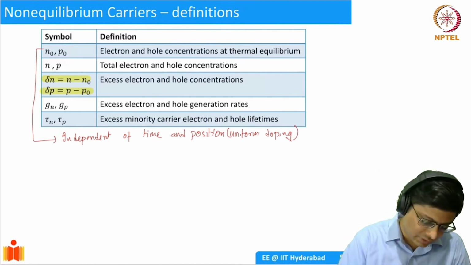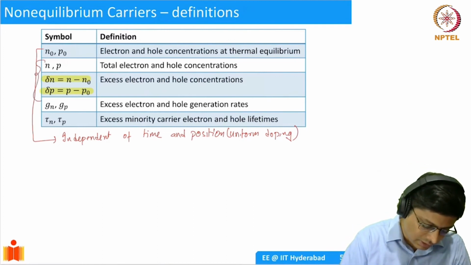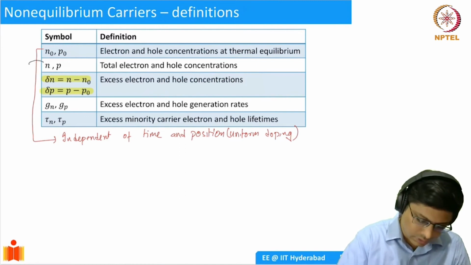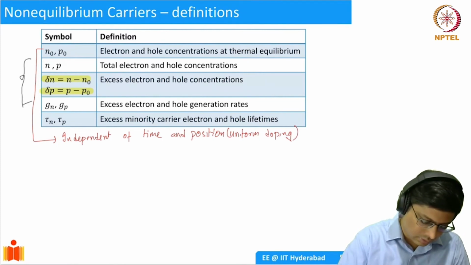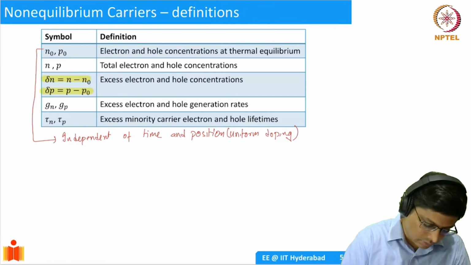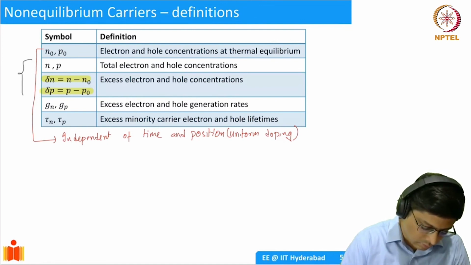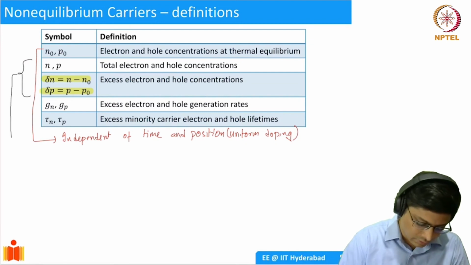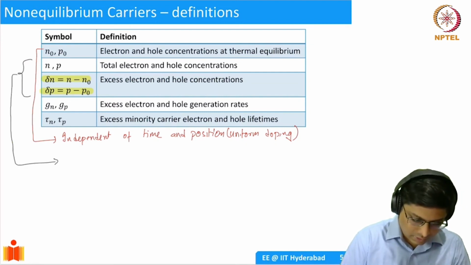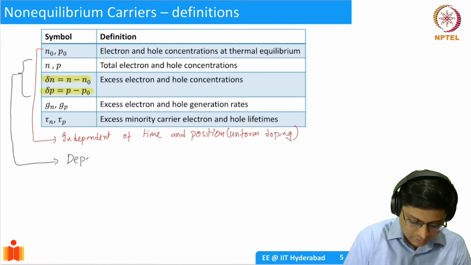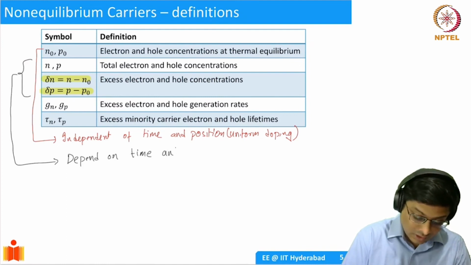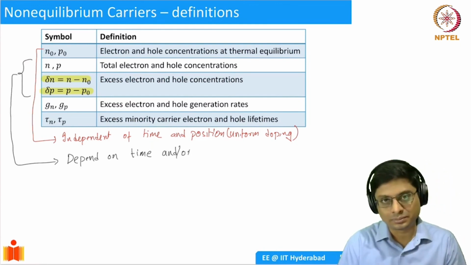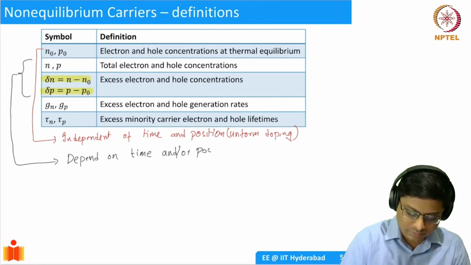These two quantities, N and P and delta N, delta P, depend on time and position, or one of them.